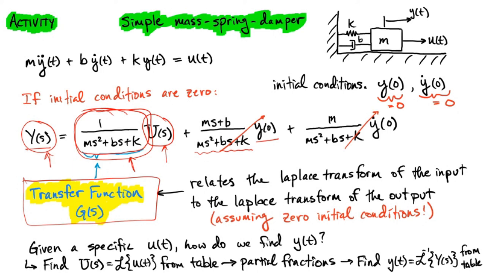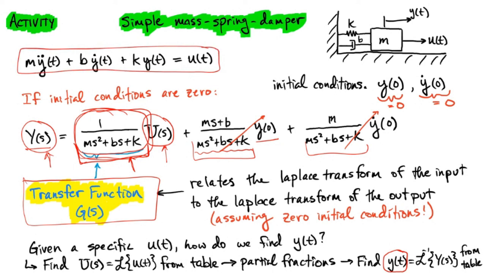And so what we're going to do now is better understand how to use these transfer functions, these ones as well as the ones for the initial condition, in order to ultimately get little y of t. Little y of t is the time domain solution of this time domain differential equation that we had here. All of the in-between steps that we do with the Laplace transform are merely in-between steps to help us get there.